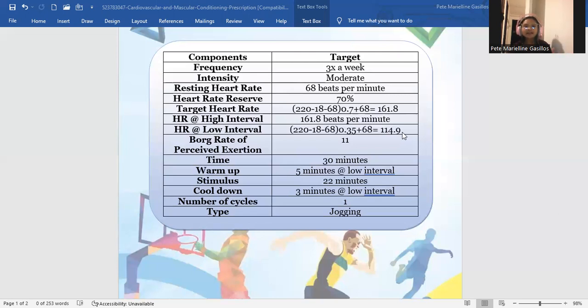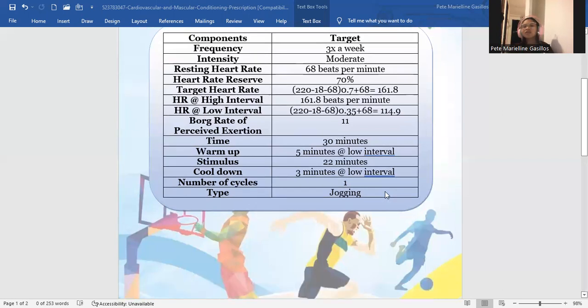The time of my exercise will be 30 minutes, including the warm up and the cool down. The warm up will be 5 minutes at low interval, and my stimulus is 22 minutes. My cool down will be 3 minutes at low interval.